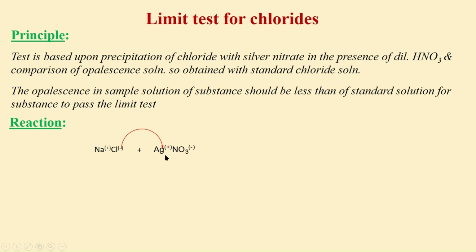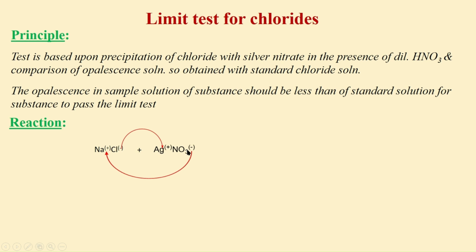As we know, the electron rich species get attracted towards electron deficient species. The excess electrons which are there with chlorine are transferred to the silver ions, which are electron deficient, and an ionic bond is formed between silver ions and chloride ions. It gives rise to silver chloride.